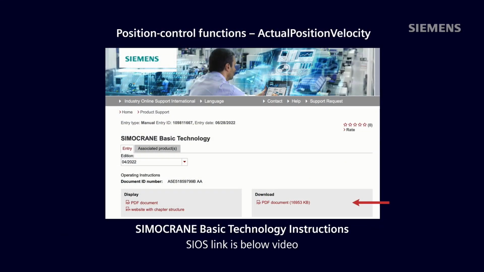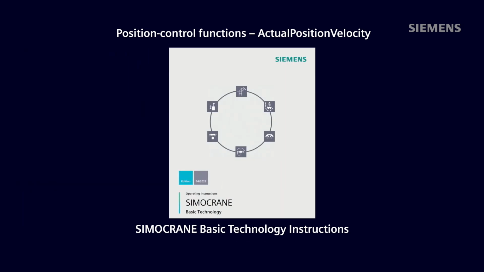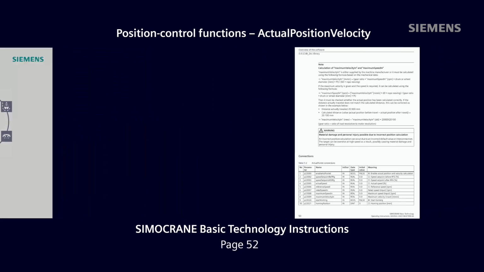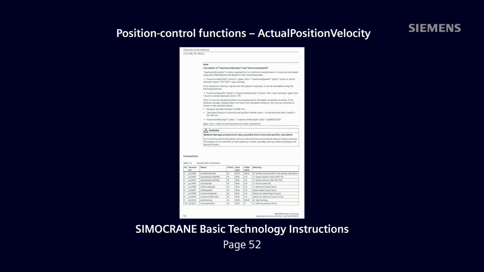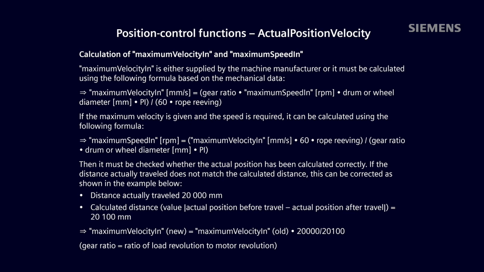Next, you should calculate the value for maximum velocity in and insert this value in millimeters per second for this block input. The application note available from the SIMOCRANE Basic Technology V5.0 operating instructions describes how to accurately calculate this value. For convenience, the formula for calculating this value is shown here.